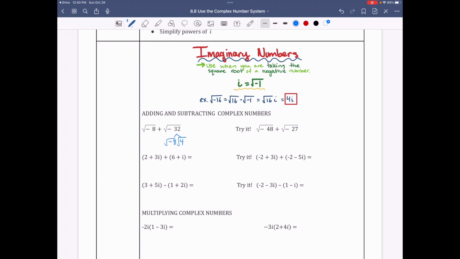So this is also the square root of -8, plus 2 square roots of -8, so that equals 3 square roots of -8.